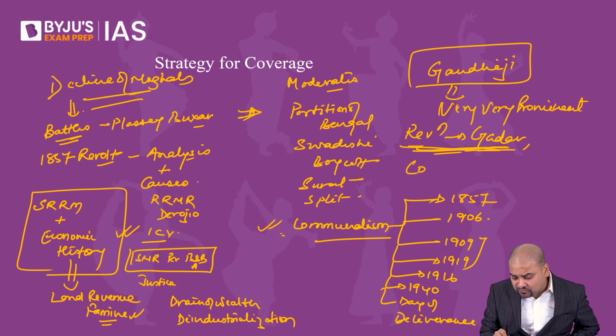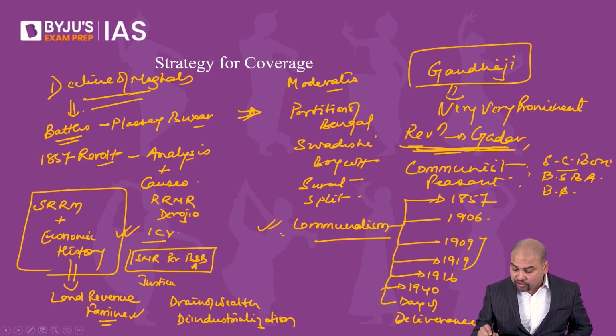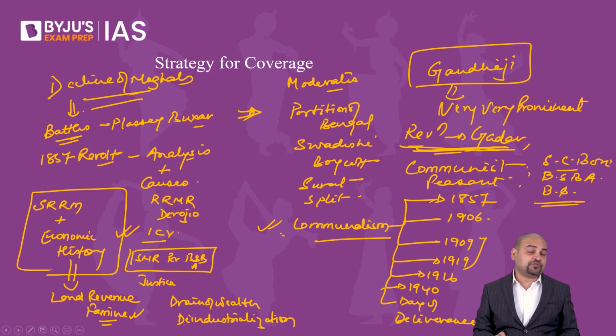Lastly, the personalities or the various other movements like the communist movement, the peasant movements, this has to be studied. Personalities like Subhash Chandra Bose. Another personality would be Baba Saheb Bhimrao Ambedkar. Of course, Bhagat Singh. The contributions of these great people you have to study.